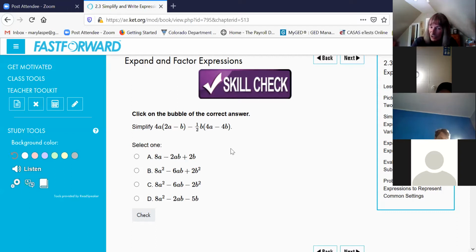So we're going to have to do the distributive property in both of those terms. 4a times 2a is 8a squared. And we'll have to subtract 4a times b is 4ab.